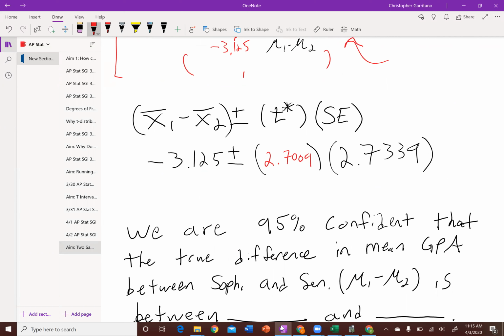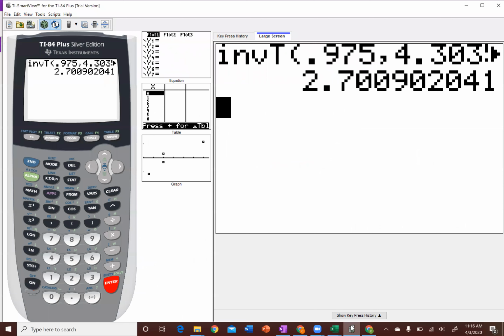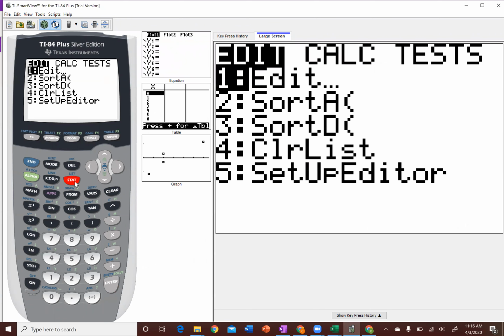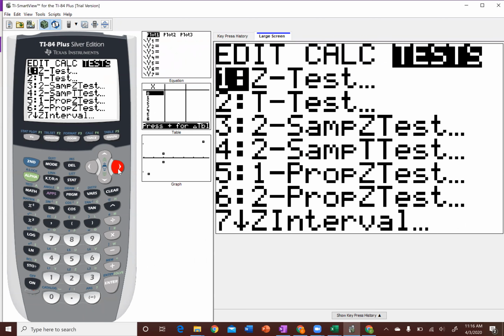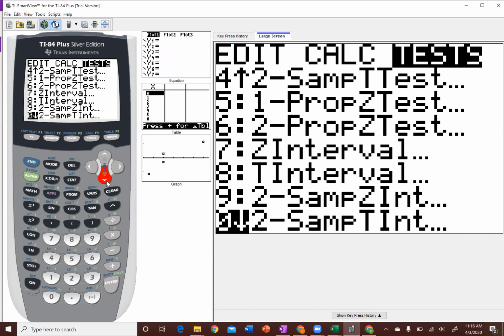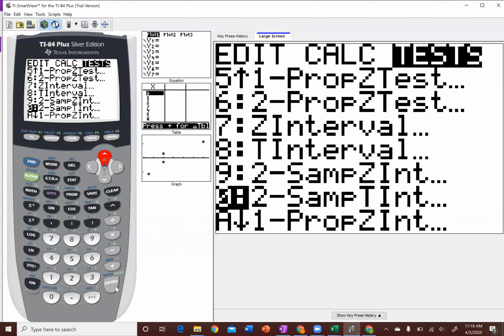Okay, and our 95% confidence interval then will be negative 3.125 minus that product and negative 3.125 plus that product. I'm going to skip going through the hand calculations and just run the test to get the numbers. So if you press stat and scroll over to tests, you can scroll down to two sample T interval.